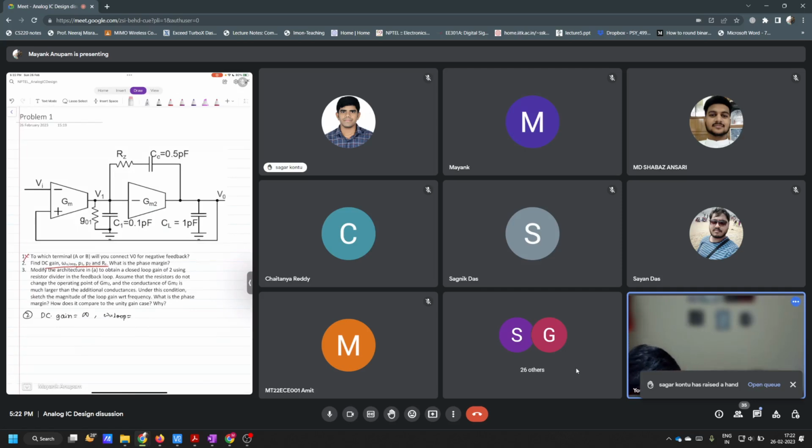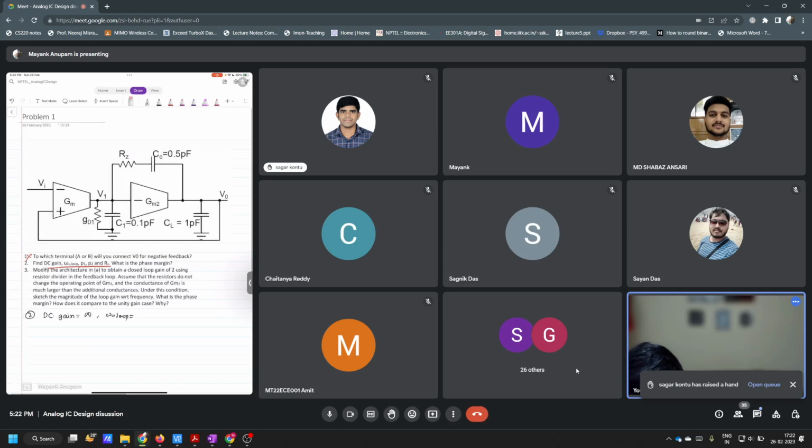Basically, let's say some GO2 is present here, and let's say some RL is also present here. Clearly these two are in parallel, right? So you can simply add them.